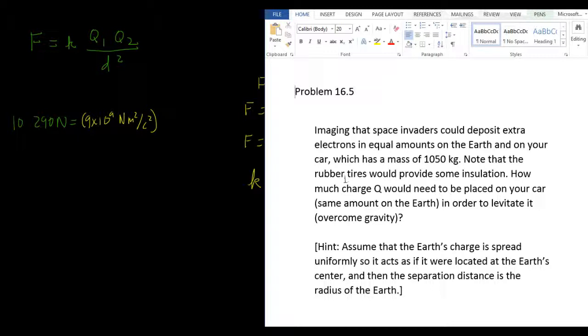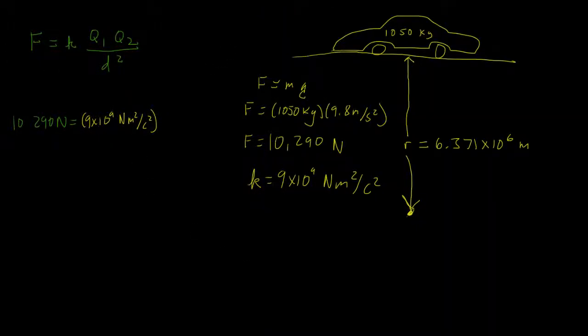Now an important part of the problem is that we're going to deposit extra electrons in equal amounts on the Earth and your car. So the charge is going to be the same for your car and the Earth. So in other words, we need to know that Q1 is equal to Q2.